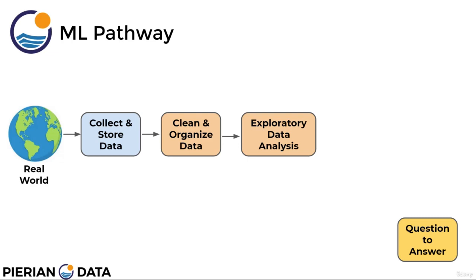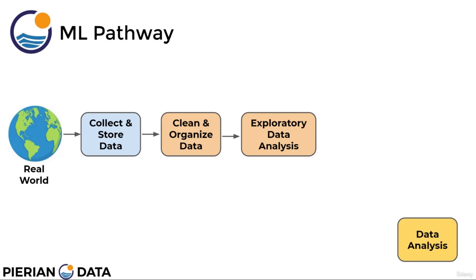Now, once we've done this step along our pathway, we have to stop and think. If we were just trying to answer a question, then this actually may be all we need to do. And in general, if you perform some exploratory data analysis and you were trying to answer a question based off the data you collected, this is probably going to be enough. There's going to be some sort of visualization or statistical method that you can run in order to answer this question, hopefully. And that's often the case.